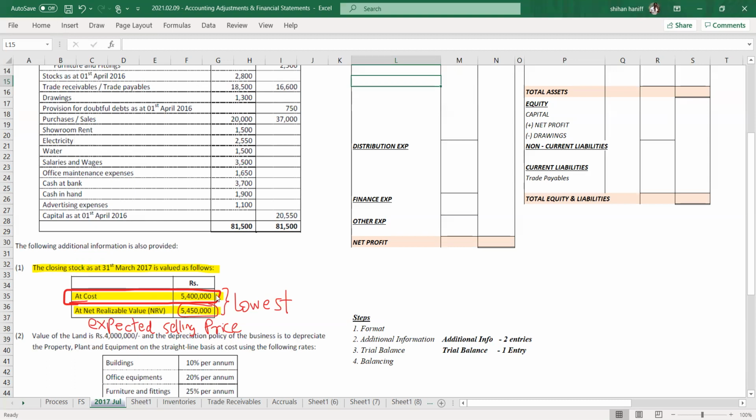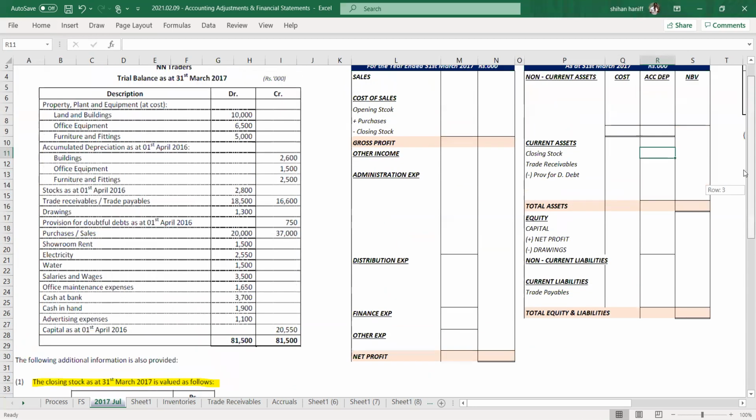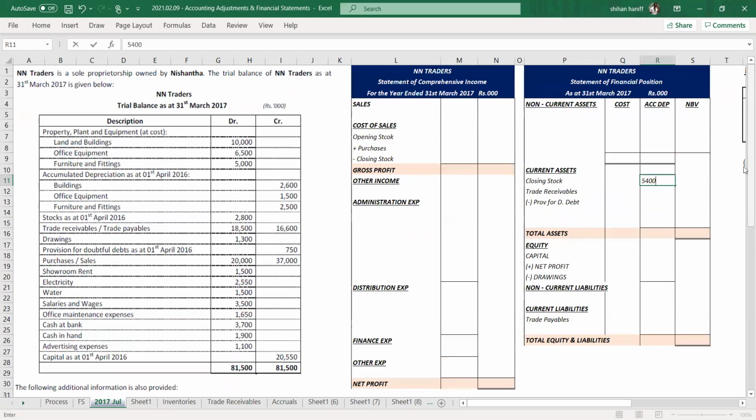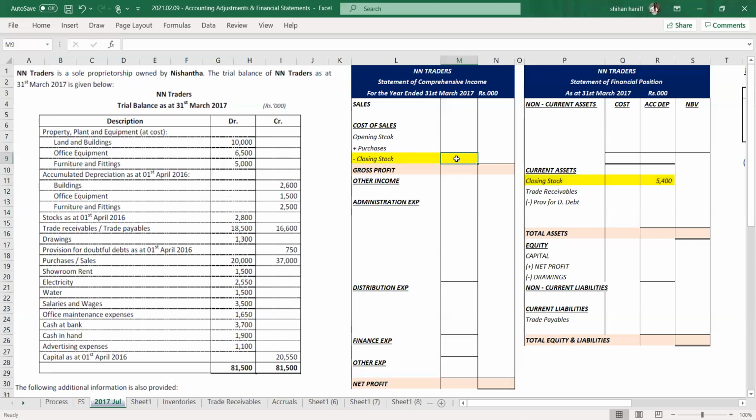So we need to take the cost into our financial statements. And the current asset, stock account debit 5,400. So we will type here under closing stock 5,400 and cost of sales 5,400. So we record that in 2 places.